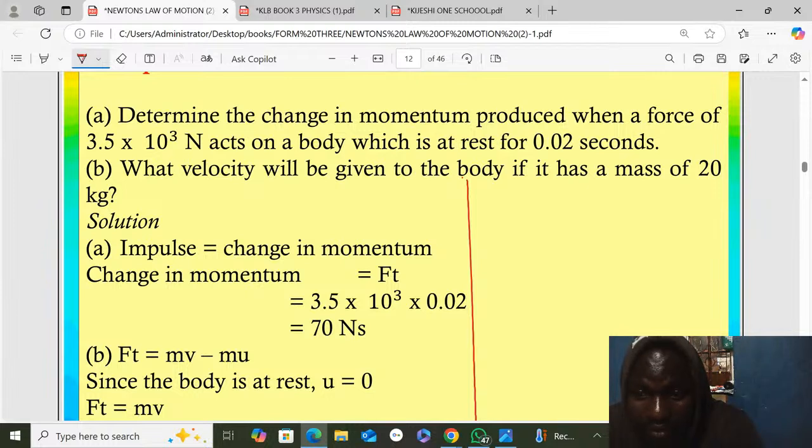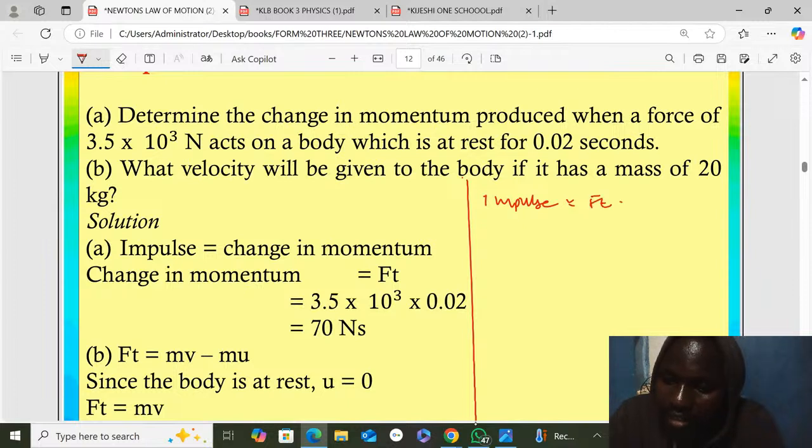So the body was at rest, meaning that the initial velocity is 0. Therefore, impulse will be the same as Ft, and this is 3.5 times 10 raised to power 3 times a period of 0.02 seconds.